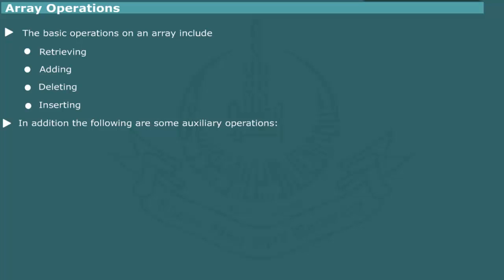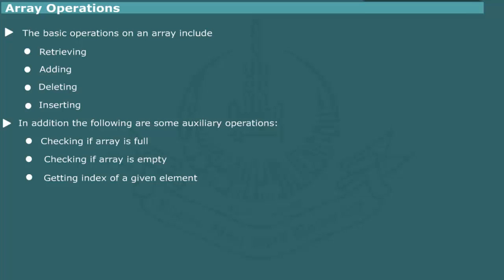In addition, we can perform some auxiliary operations to determine the current status of the array or obtain some information about a specific element. These operations might include the following: checking if array is full, checking if array is empty, getting index of a specified element, and traversing to process array elements.